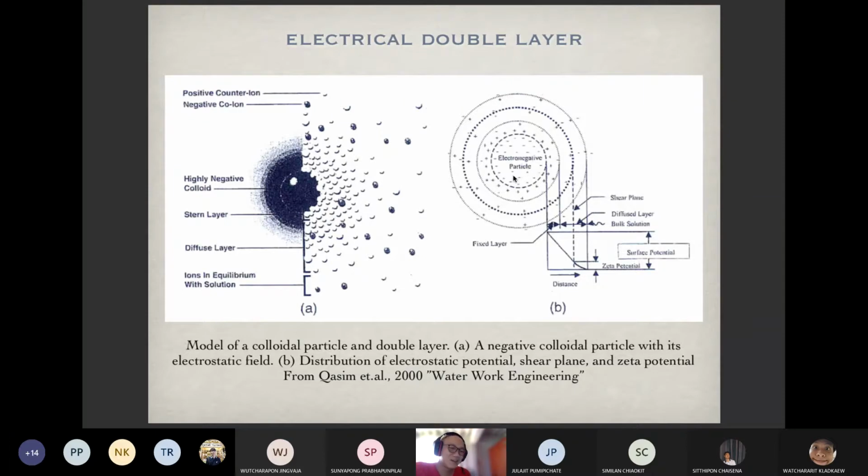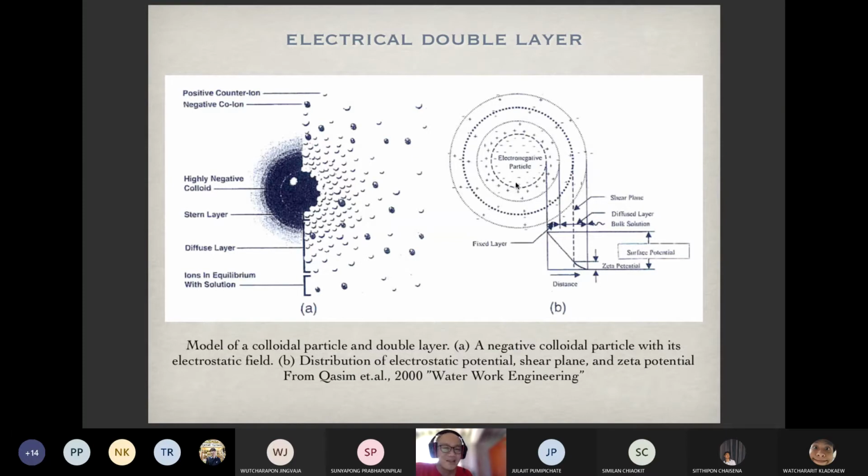So all the negative charge outside the surface, there is only negative charge, and the concentration of the charge is very high. Sometimes the outer layers may contain positive charge, and then another layer may contain mostly negative charge like this.